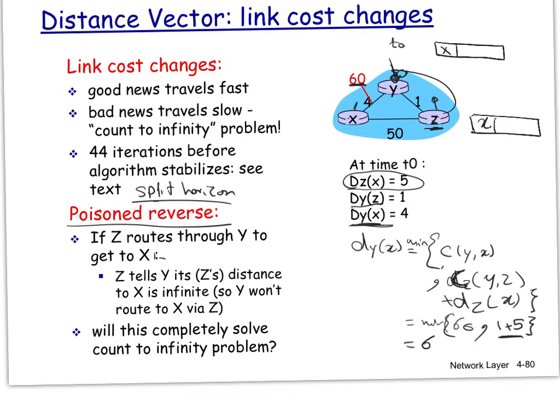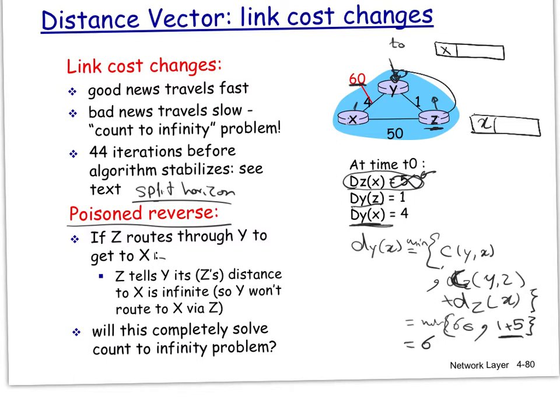So the way that poison reverse works is that if Z knows that this distance is in fact coming from Y, then it should not inform Y about its distance to X. And in fact, it should inform Y that the distance to X is infinity. Because this is what caused this problem.